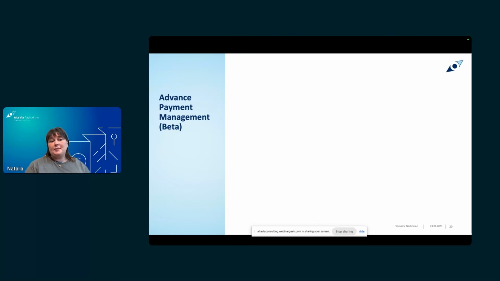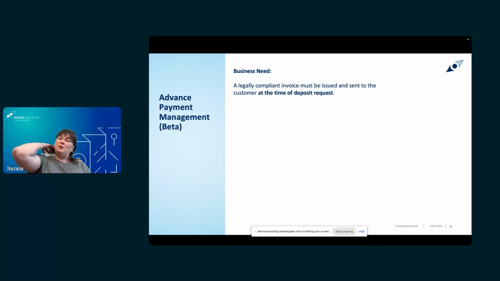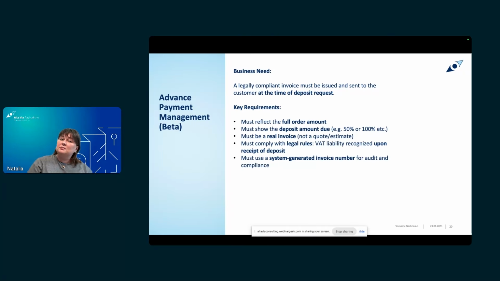And advanced payment management, in a beta version currently. As you know, in Germany, and this is probably especially interesting for companies with milestone billing or prepayments, like construction, some manufacturing, as well as software developers, you basically need to issue a legally compliant invoice at the time of the deposit request from the customer.